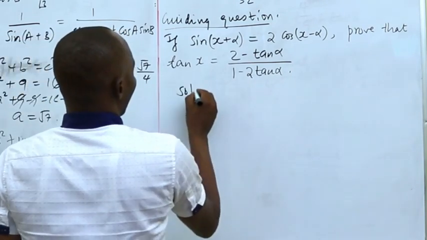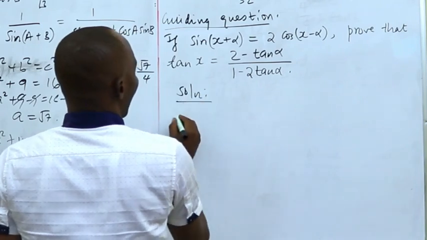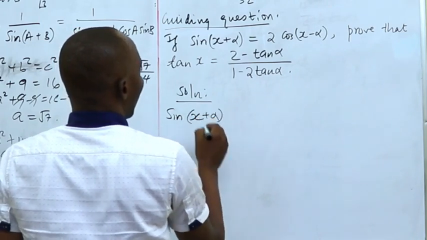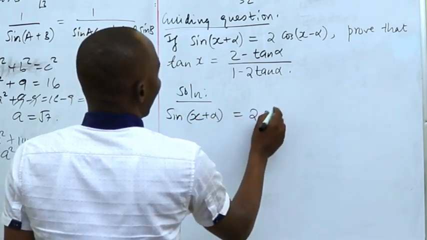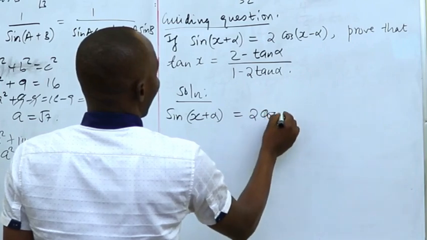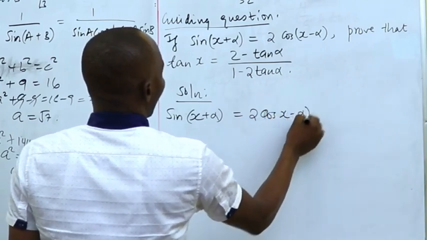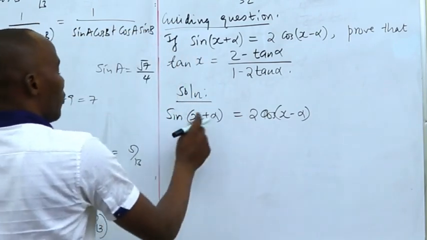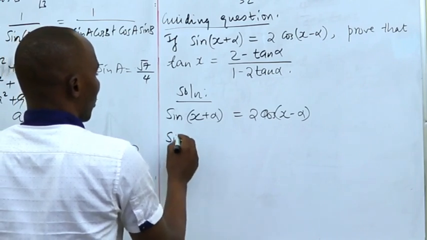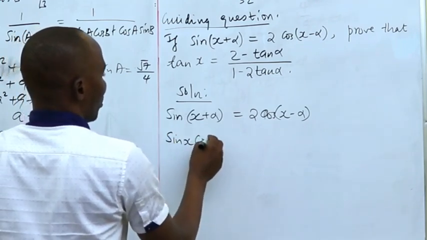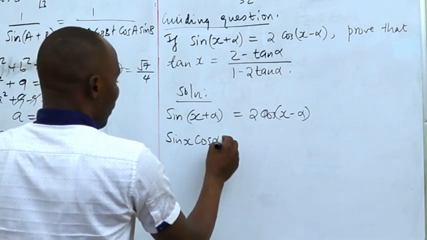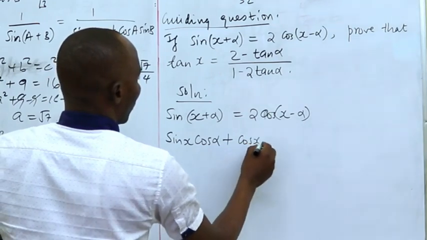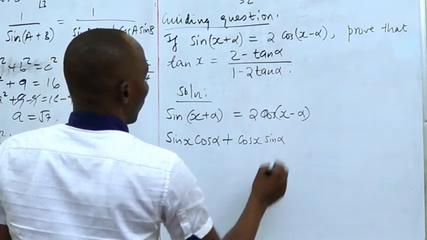Let's look at the solution. We have sine of x plus alpha is equal to 2 cos of x minus alpha. Let's use these ones and see what we come up with. From here, if I expand, I'll get sine x cos alpha plus cos x sine alpha.